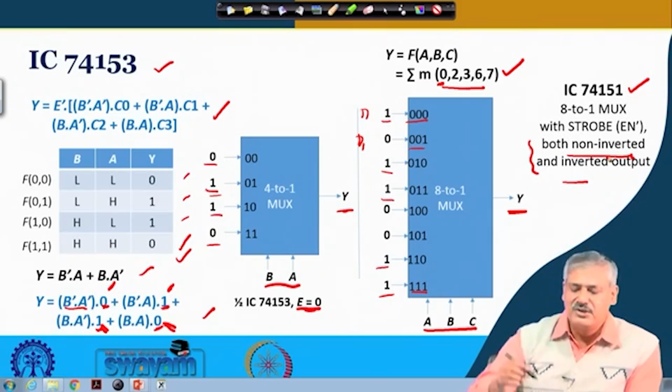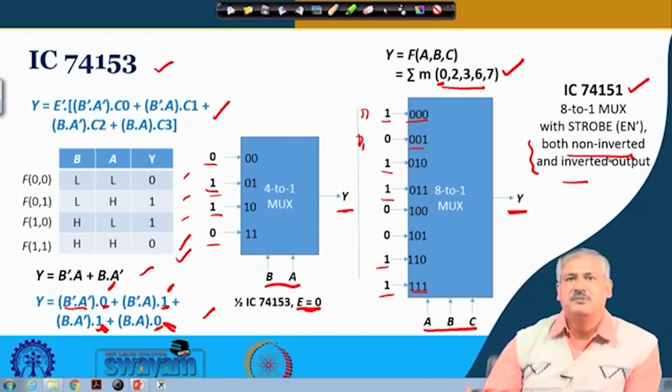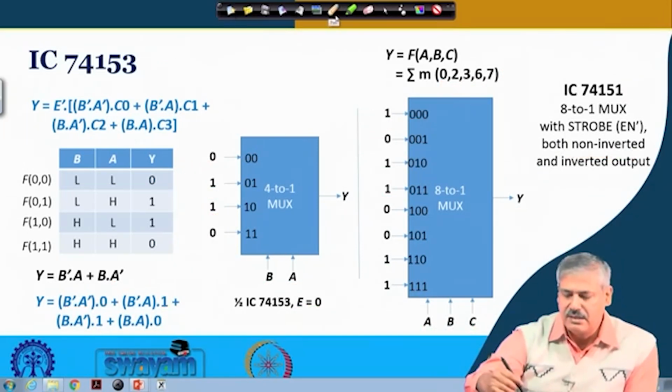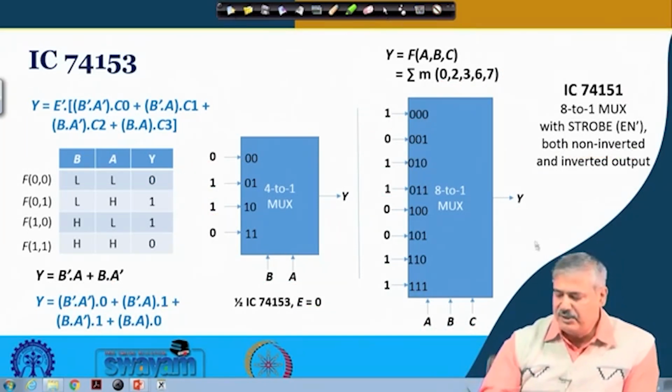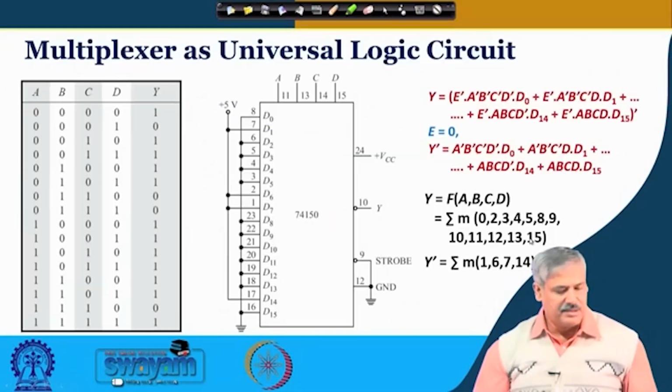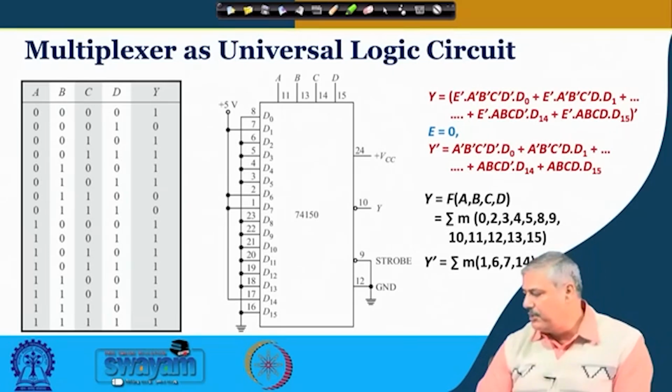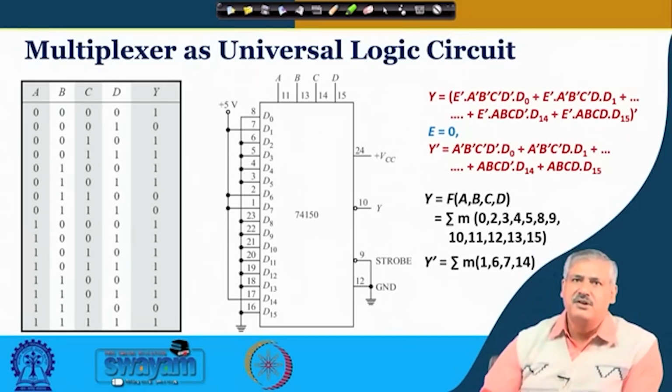Is it clear? So, this is the way it can be realized by the ICs in hand, and because of this we find that a multiplexer can be used as a universal logic circuit. What does it mean?